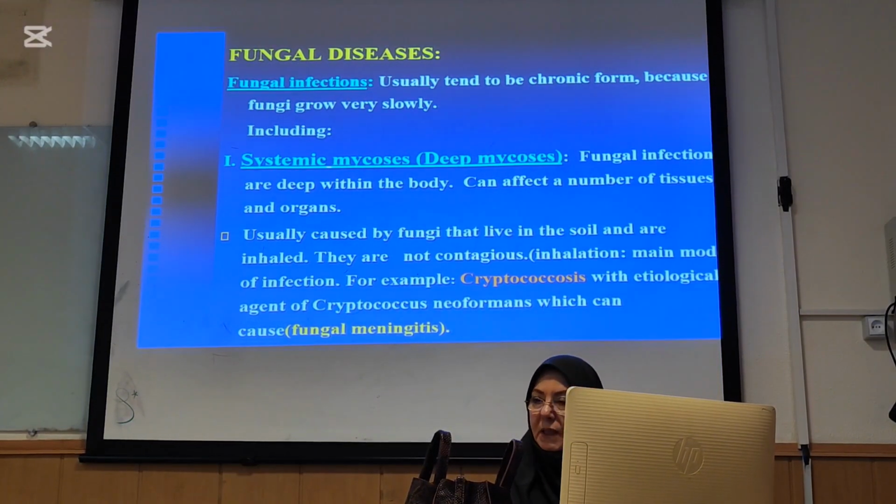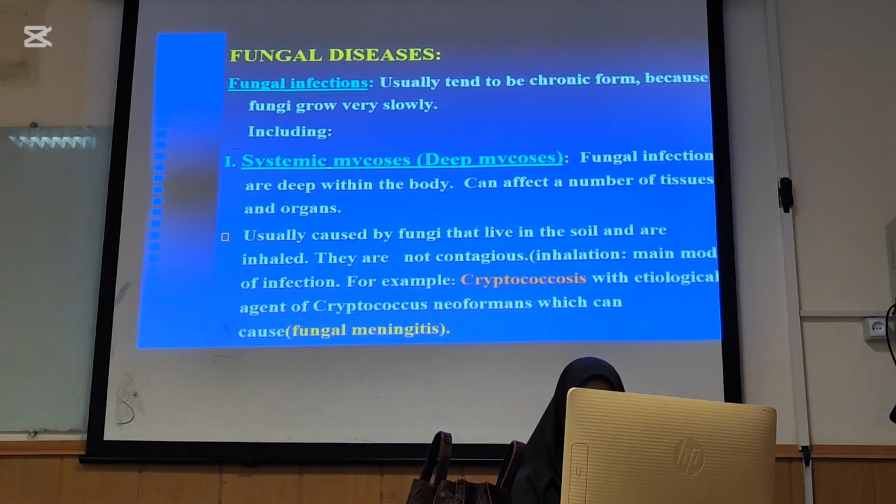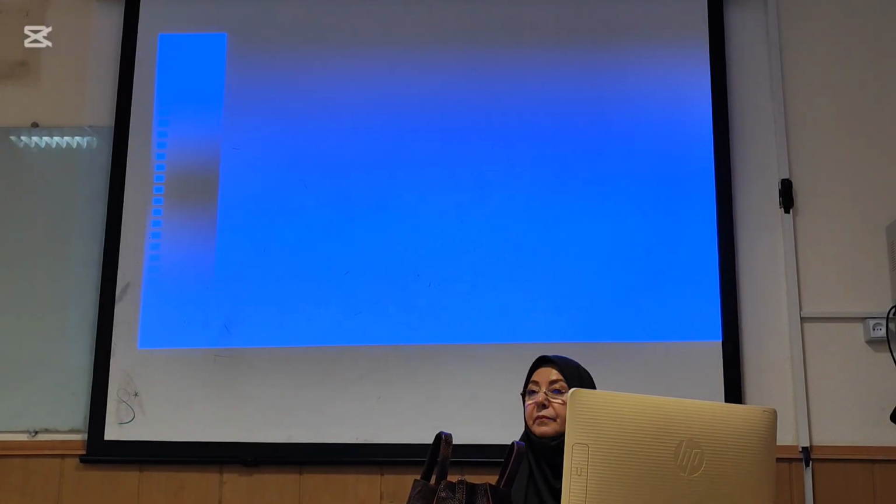So cryptococcosis is an example of systemic mycosis. Does that mean that healthy individuals are resistant to these fungi? Usually the individuals who get these fungal infections have T cell deficiencies.